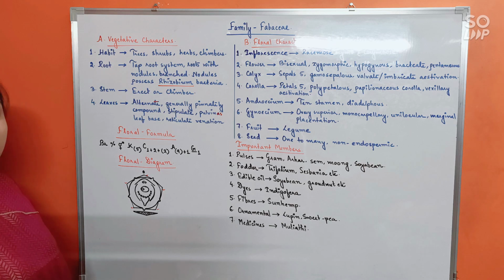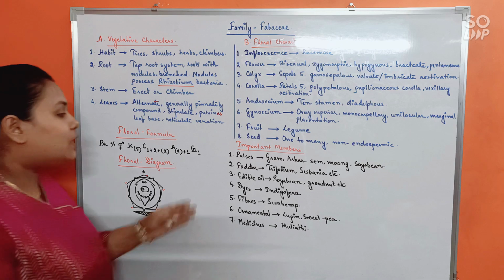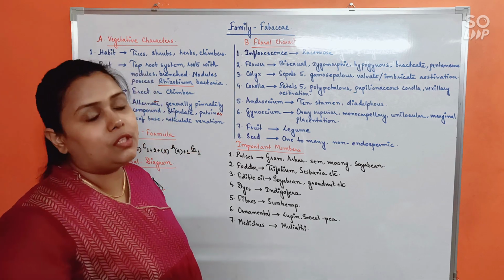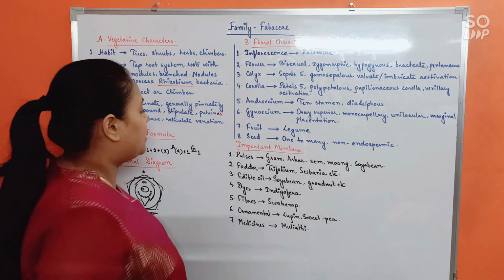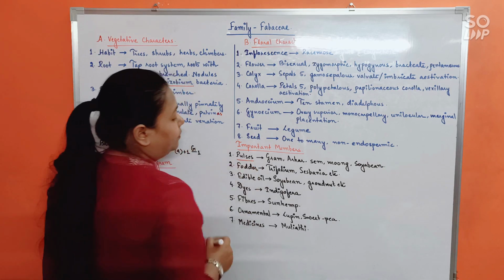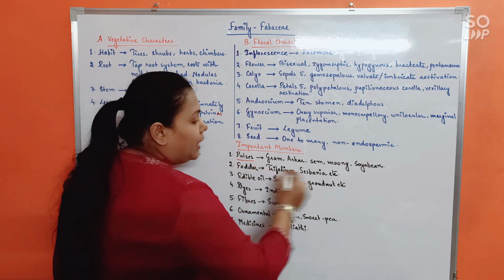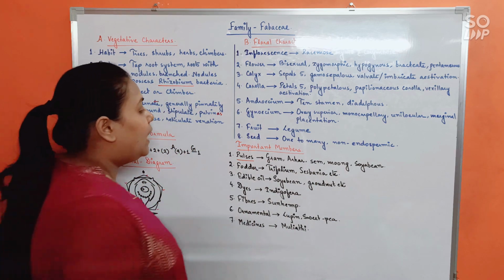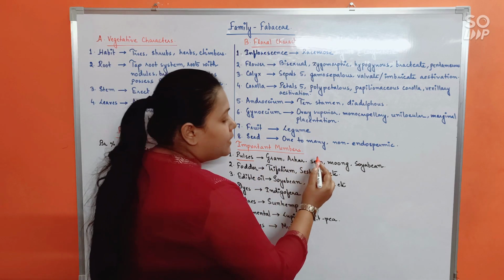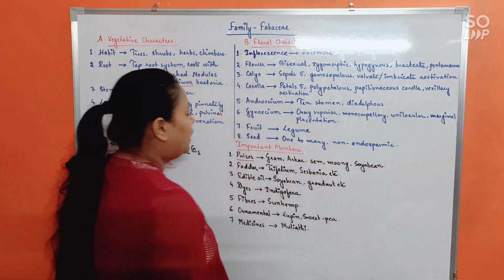So now finally for the exam, as examples are important, let us see a few important members of this family which are of commercial importance. First, pulses. There are many types of pulses found in the Fabaceae family like gram, arhar, sem, mung and soybean.